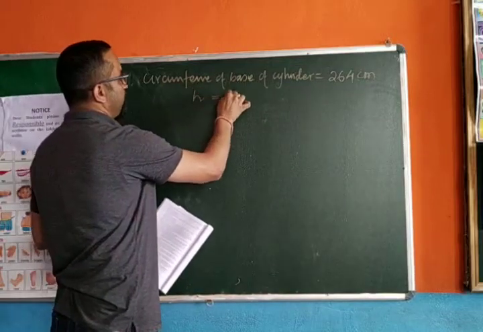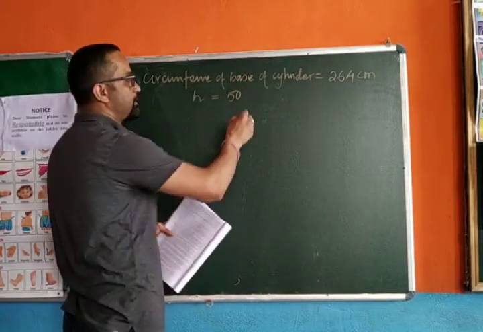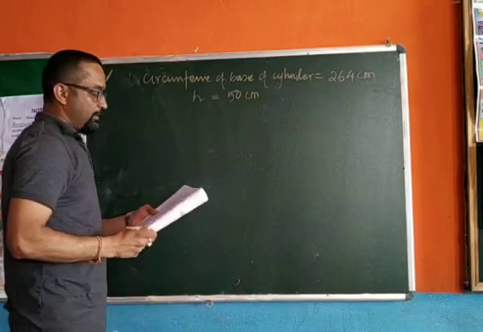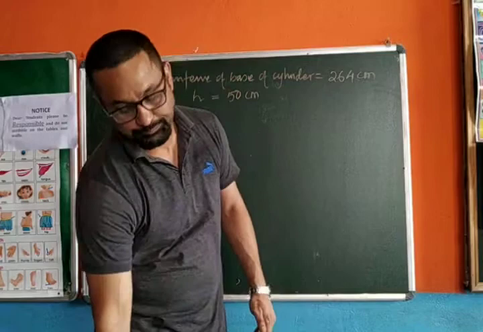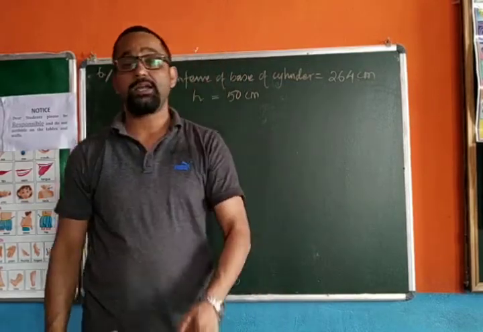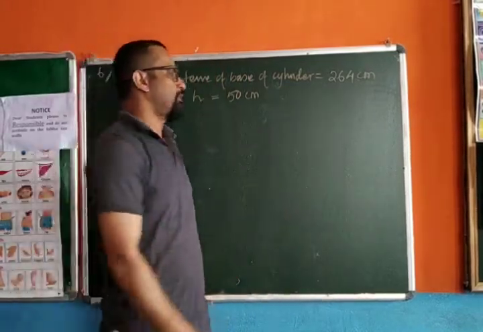Height is given 25, so I'll change it and write it as 50 centimeter. The question says find the radius of the cylinder, and the second part is the volume.